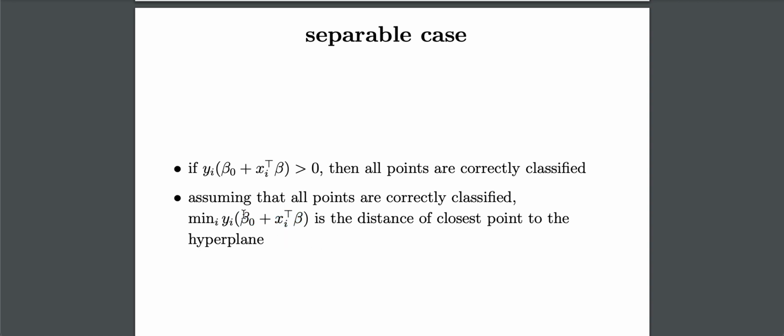Again, beta 0 plus xi transpose beta is the distance from the hyperplane when the units are in the L2 norm of beta. Now recall that this distance was signed depending on which side of the hyperplane we are. So when you multiply it by yi, this becomes unsigned, positive, given that we are dealing with the separable case. Now among all these unsigned distances, we are looking for the smallest one.